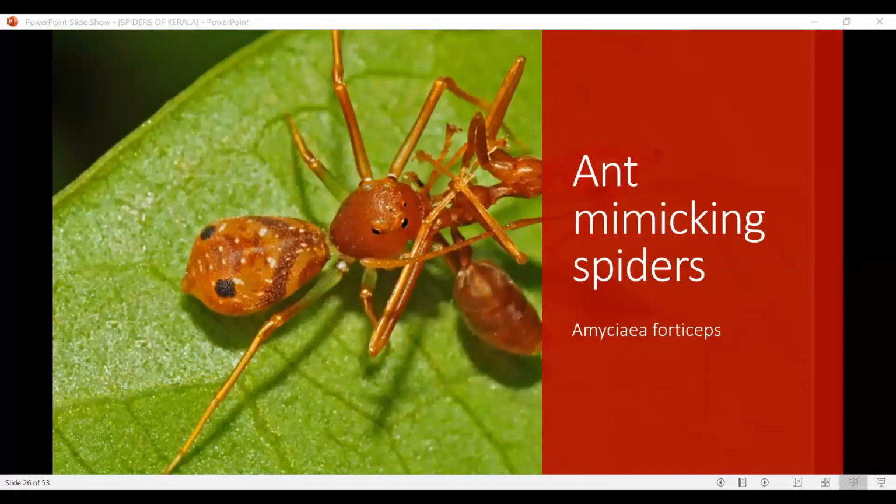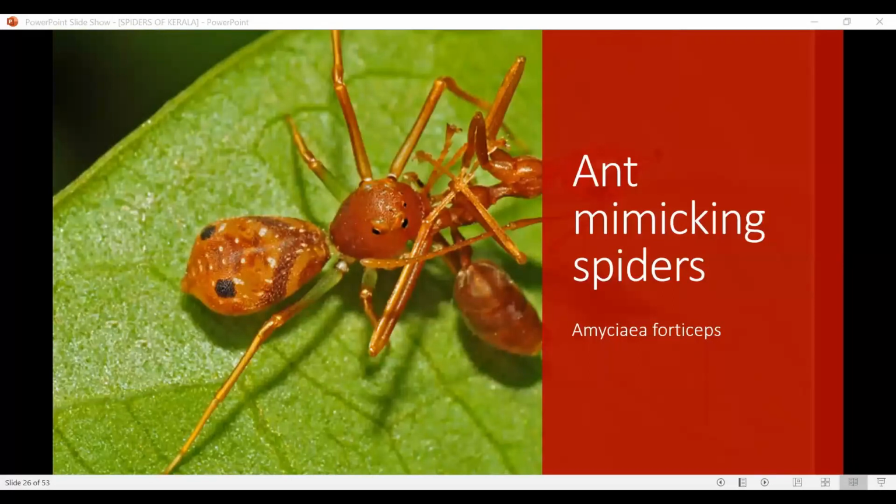So for the spider, by mimicking an ant, it can also escape from being attacked by spider-hunting wasps. So that is why up to 300 spider species we have recorded are showing this ant mimicry, or myrmecomorphy.